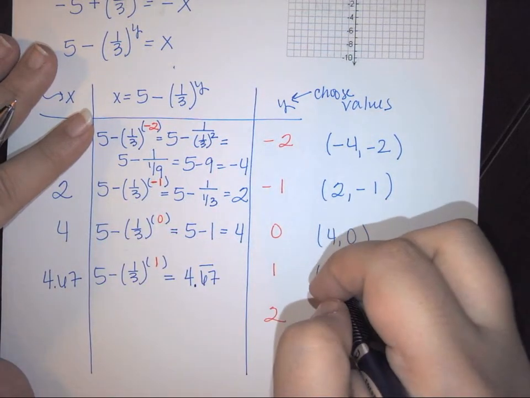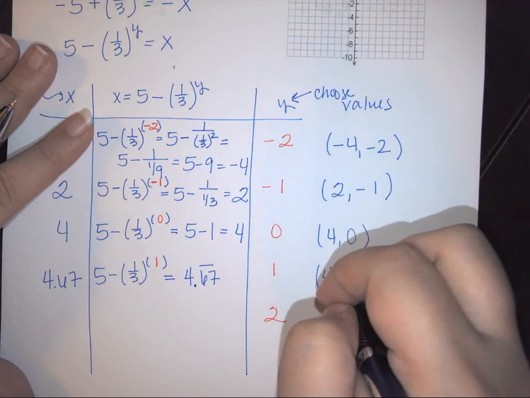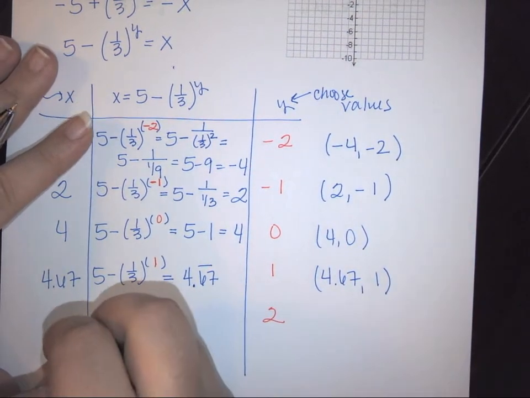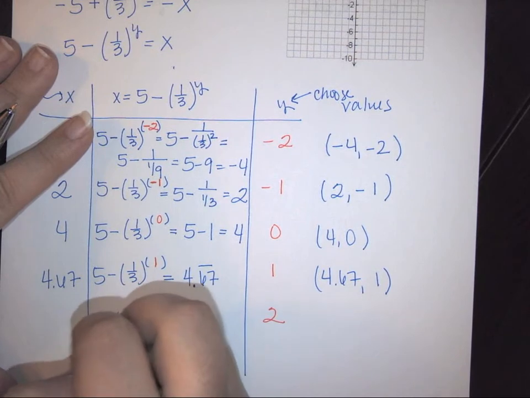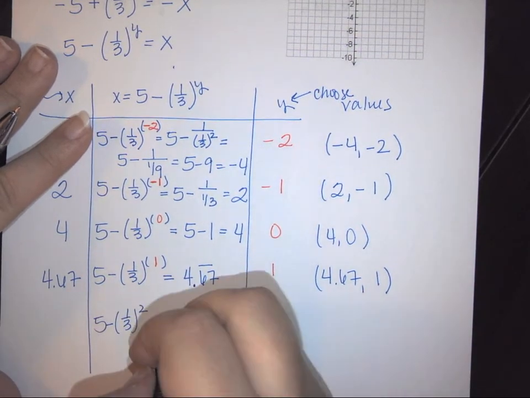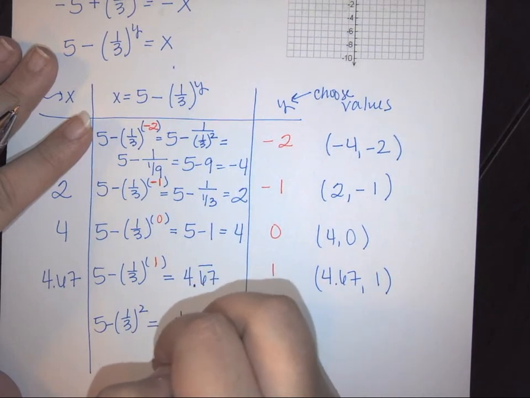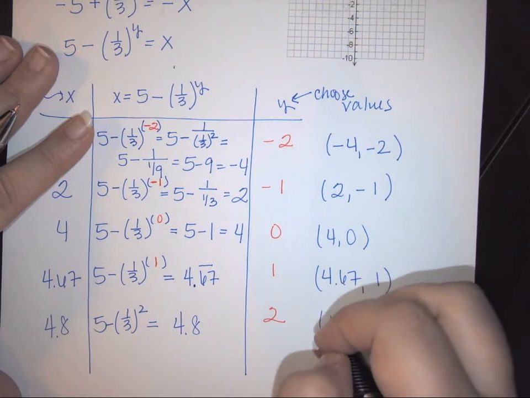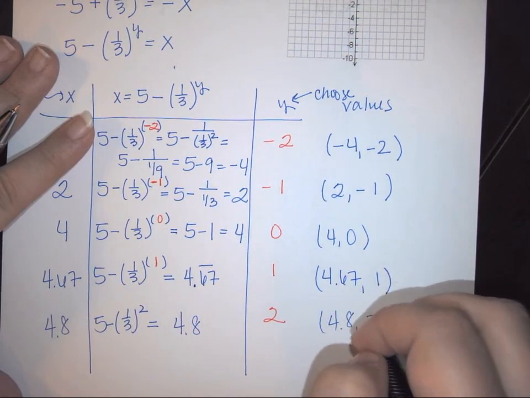So here I'm looking at the coordinate point 4.67, 1, and then I have 5 minus 1/3 squared. Again, I could plug that in my calculator and you're going to get roughly 4.8. So this is the point 4.82.